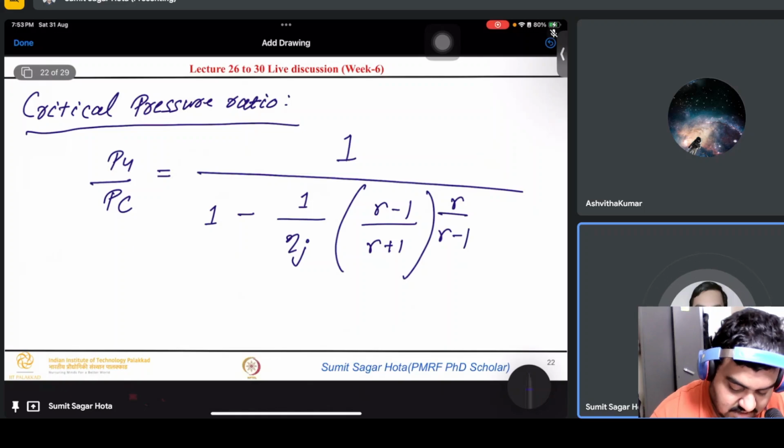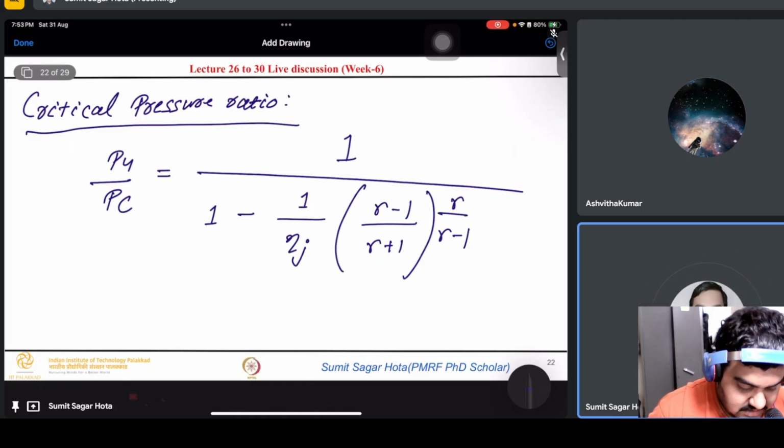It's very simple. If you know the formula, you can just put in the values and get the answer. They only need to give you the gamma value and the nozzle efficiency. That's it, two values. In the MCQ they will put 4 options and ask what the critical pressure ratio is. If you know this formula, only then can you answer.